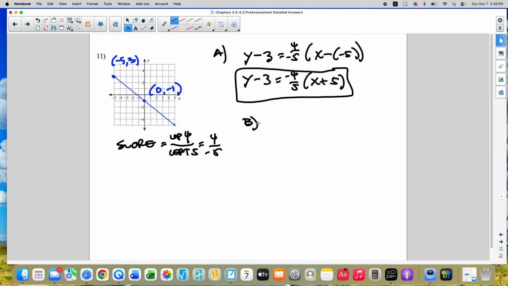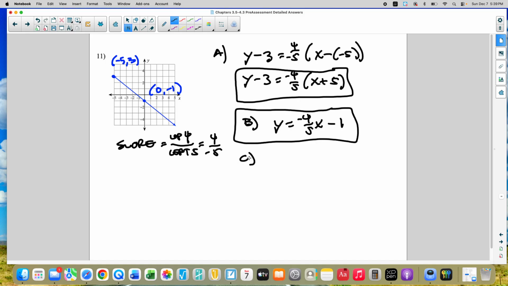Let's do slope-intercept form. So that's y equals my slope times x, and then -1 because that's my y-intercept. And now if we're going to do standard form, we're going to take that equation in slope-intercept form and move the x over.